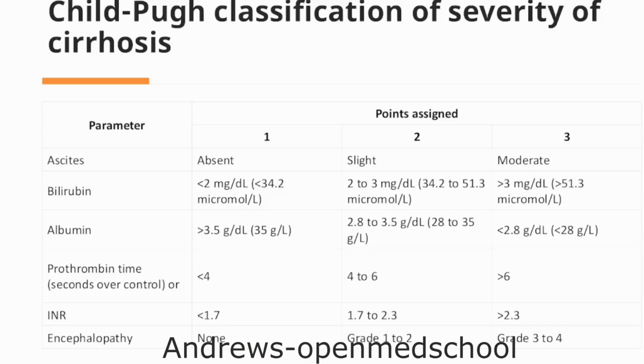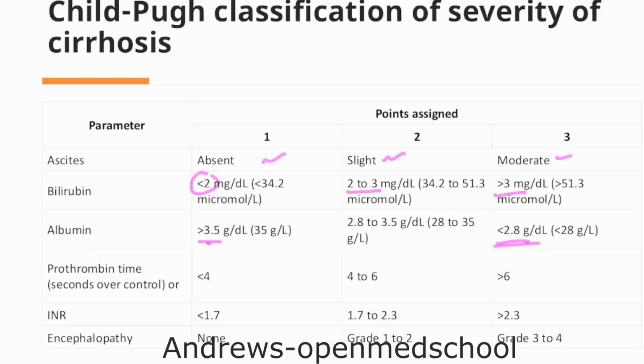Ascites, absent, slight, moderate. Points are 1 to 3. For bilirubin, less than 2 is 1 point, 2 to 3 is 2 points, more than 3 is 3 points. Serum albumin more than 3.5 is 1 point, 2.8 to 3.5 is 2 points, and less than 2.8 is 3 points.